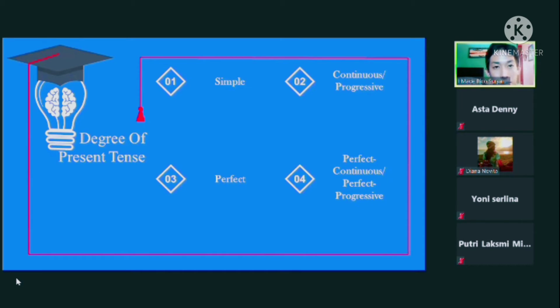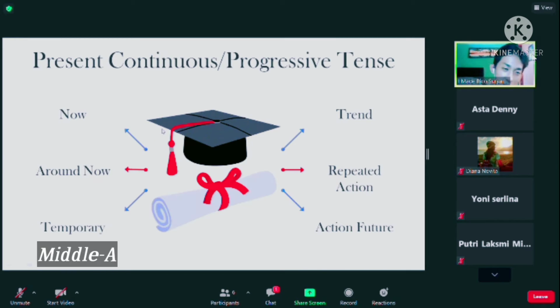I will discuss in this lesson only the simple and continuous or progressive tense in present. Now we come to the present continuous or progressive tense.